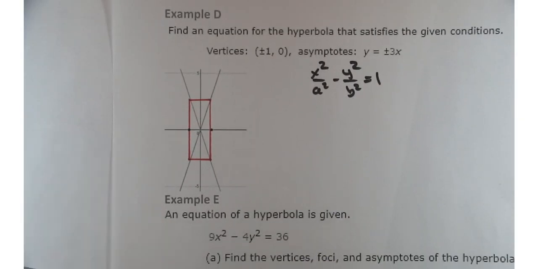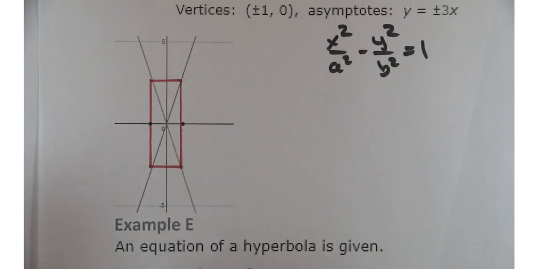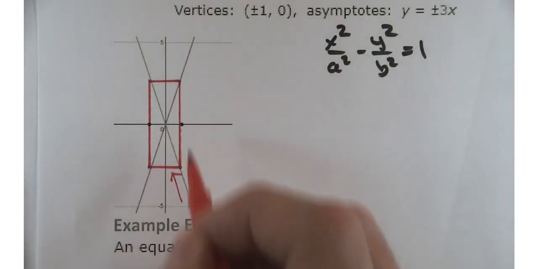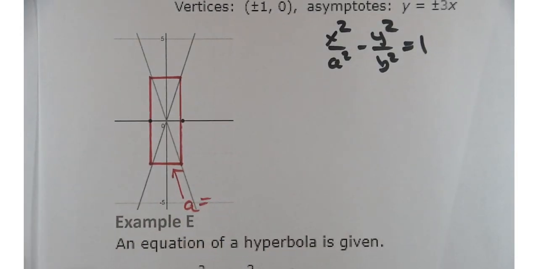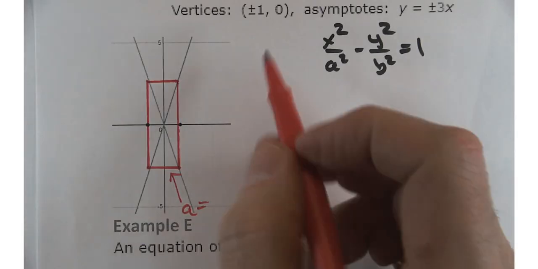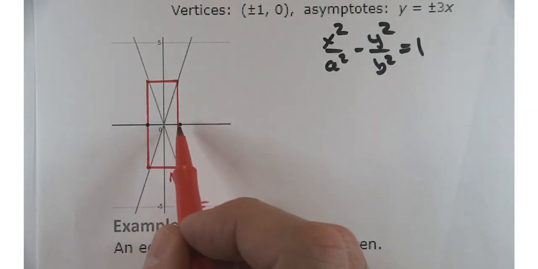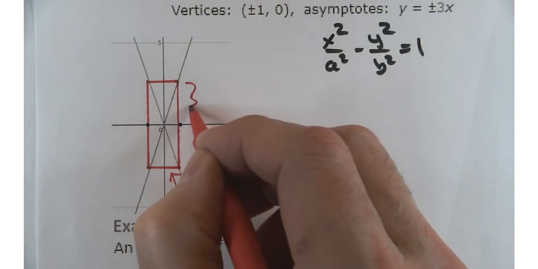I can read off this distance here, right? What's that distance? I think it's 1 because that matches your vertex, right? So you're going to go from your center to your vertex. So A is going to equal 1, and this distance here is our B.